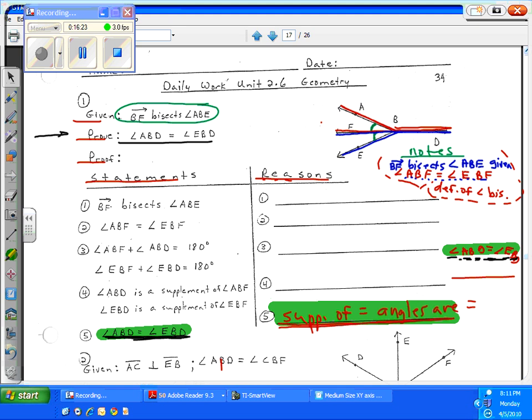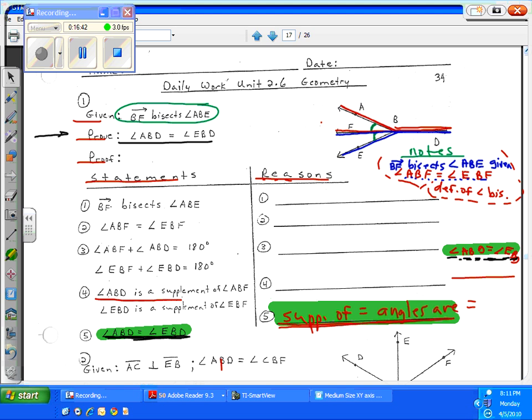So I need a statement that says that ABD is a supplement of something and EBD is a supplement of something, and that those somethings that they're supplements of are equal before I can say supplements of equal angles are equal.